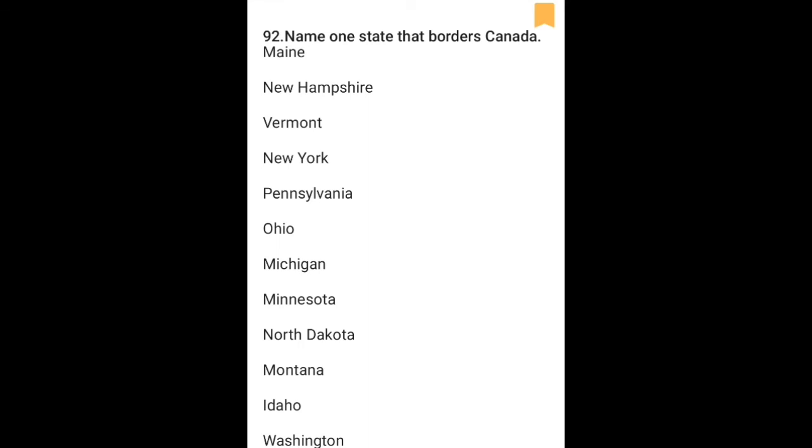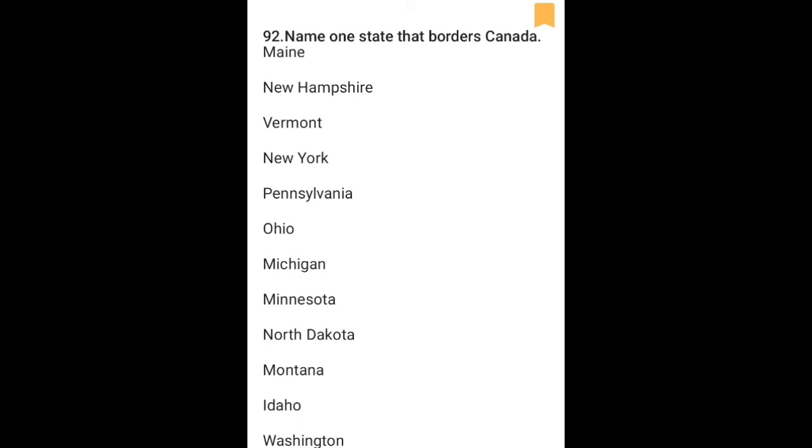Name one state that borders Canada. Maine. New Hampshire. Vermont. New York. Pennsylvania. Ohio. Michigan. Minnesota. North Dakota.